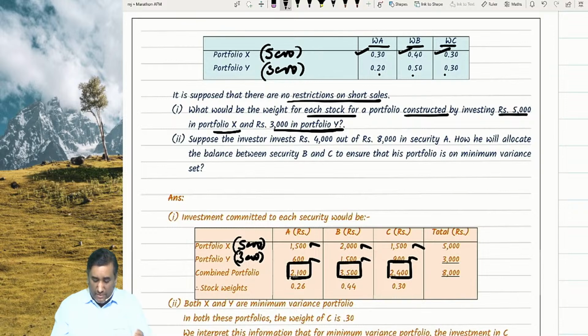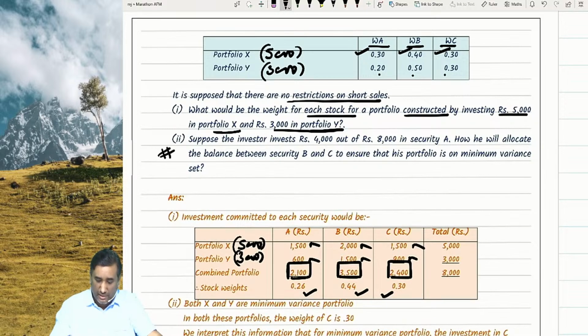Out of 8,000, when you calculate their weights, out of the 8,000, 2,100 is 0.26, then 0.44 and 0.30.